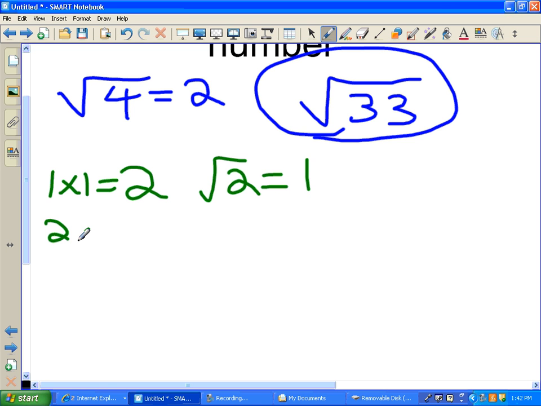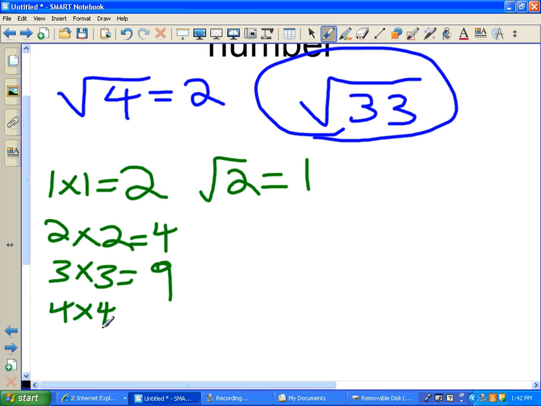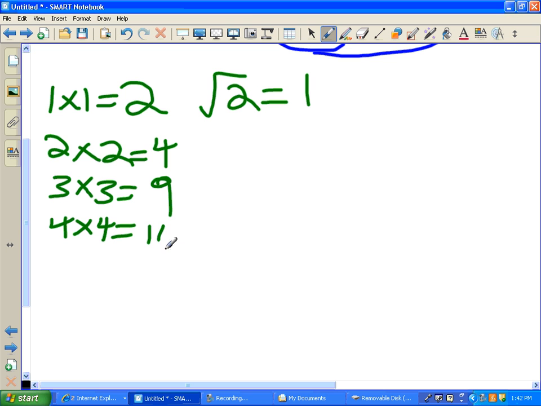2 times 2, we know. 3 times 3, we know. And we could work out every single one of them, and we'd end up with numbers all the way up to 9 and 10 times, and even up to 12 times if we went that far.